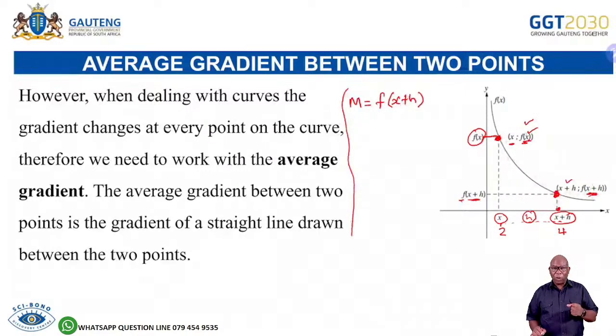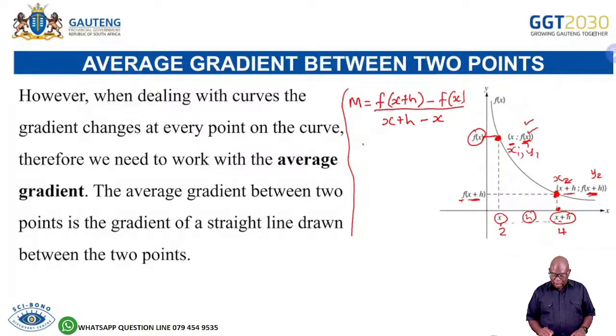Remember, it's the change in y over the change in x, minus f of x divided by, so let's look at this. It will be the x value, it will be x plus h minus that x. So it is y2 minus y1 over x2 minus x1.